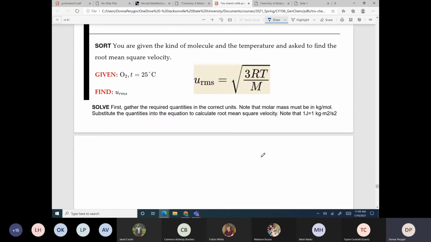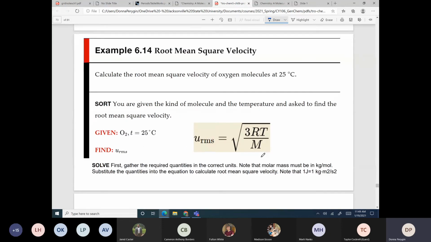Okay, so let's write down what we know here. The molar mass of O2 is equal to what? So oxygen is equal to 16 grams per mole. All right.